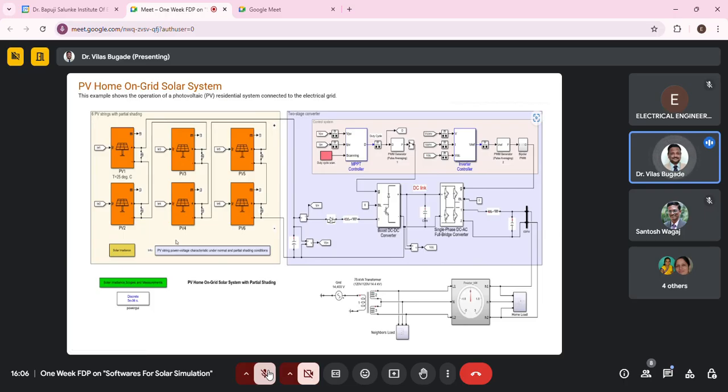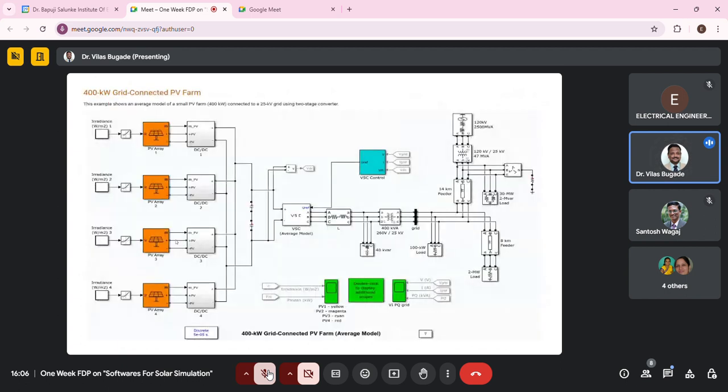Strings we can use with partial shading based on the direction, whether north to south, which will decide the output. Then a 400 kilowatt grid connected wind farm.